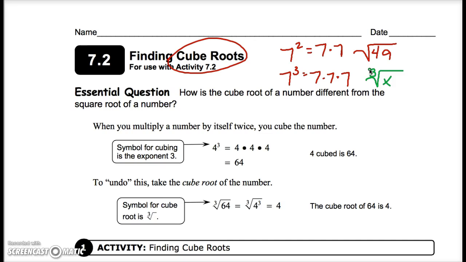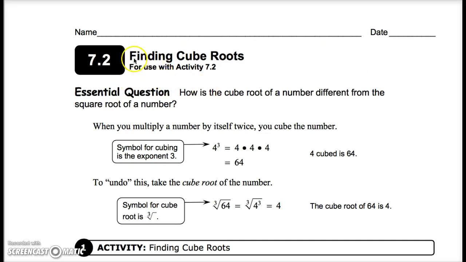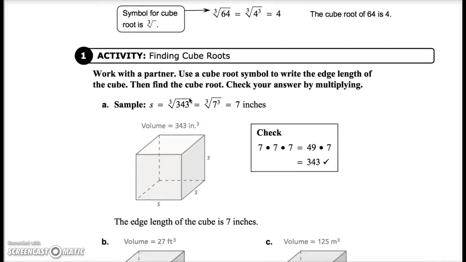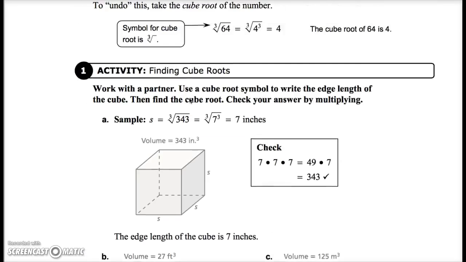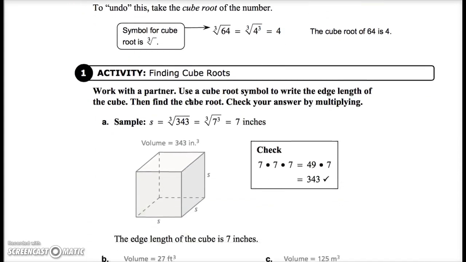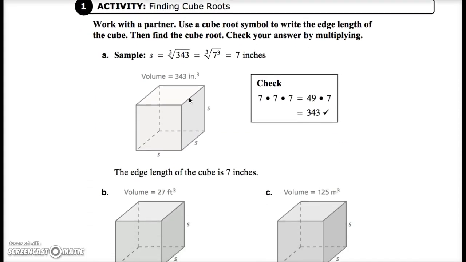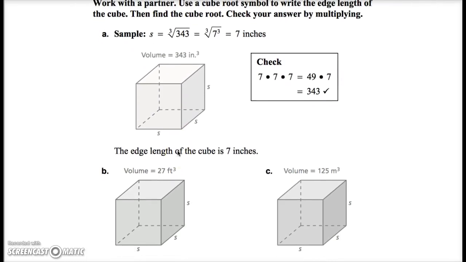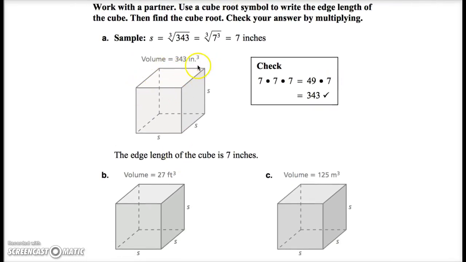So we are going to be in your workbooks, 7.2, Finding Cube Roots, and this is on page 147. Okay, so let's look at activity 1, Finding Cube Roots. Okay, so on A, B, and C, we have a cube, and it's talking about the volume of each cube.